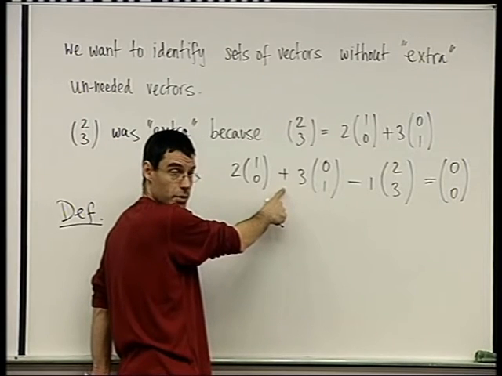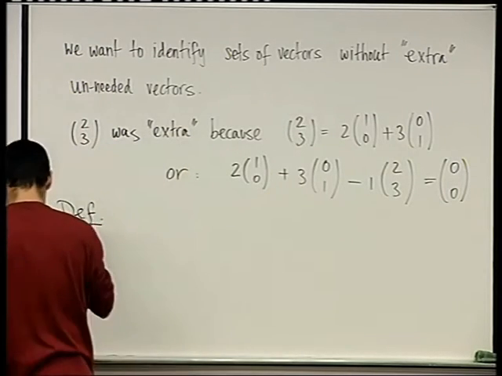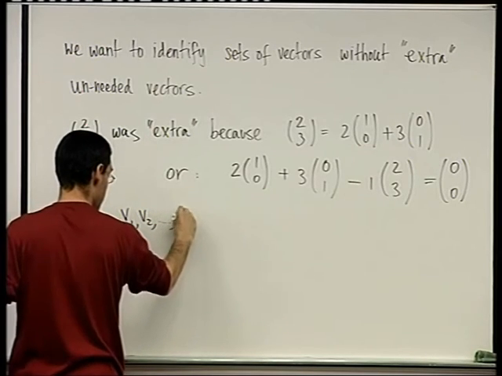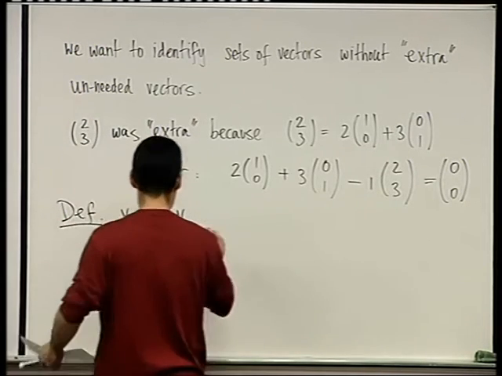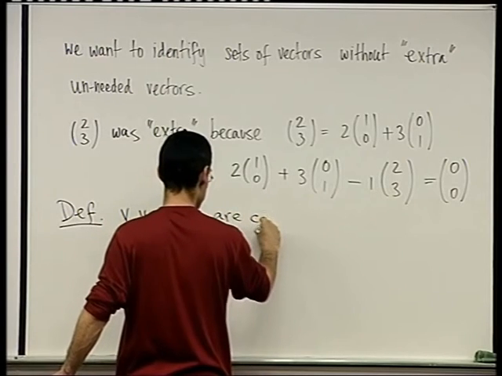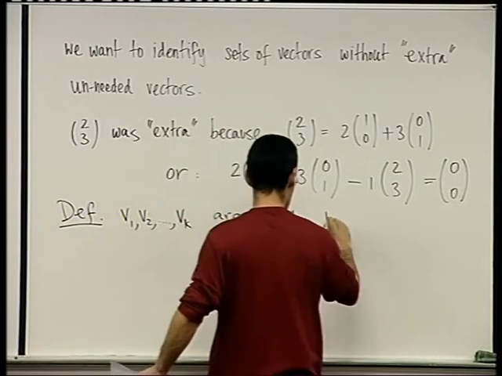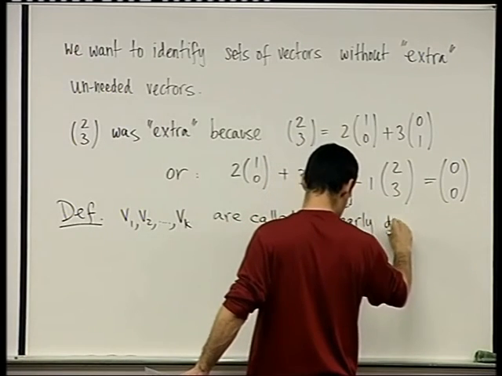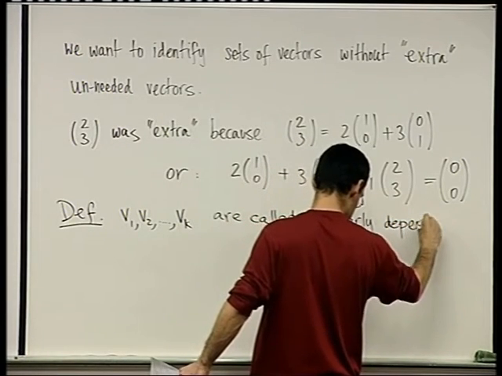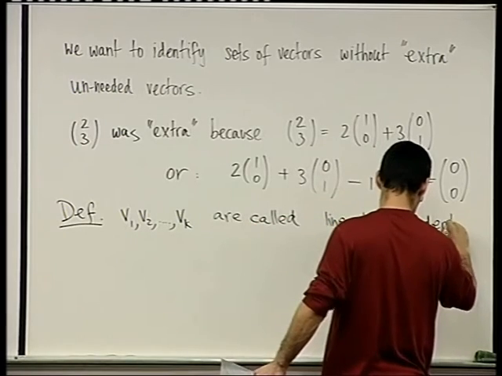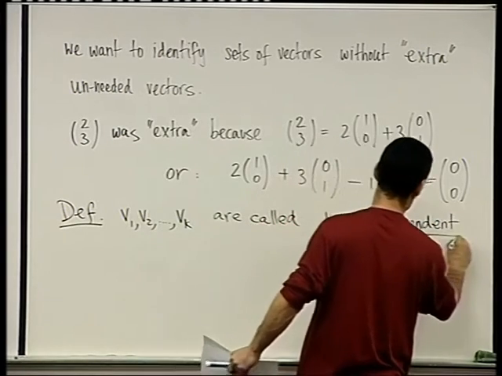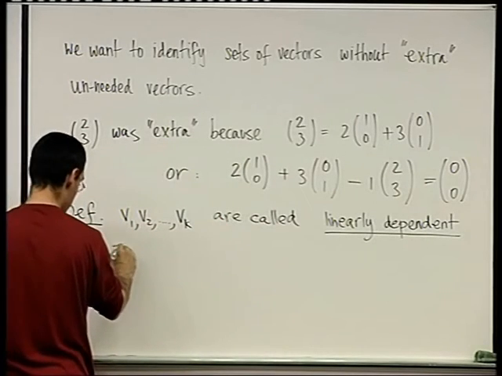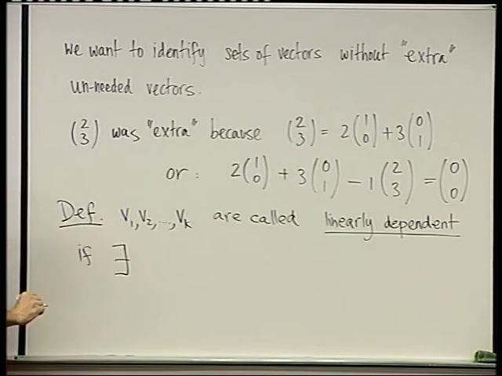Right? Do you agree? So definition: v1, v2, up to vk, a set of k vectors, are called linearly dependent if there exist, you know this symbol, right?